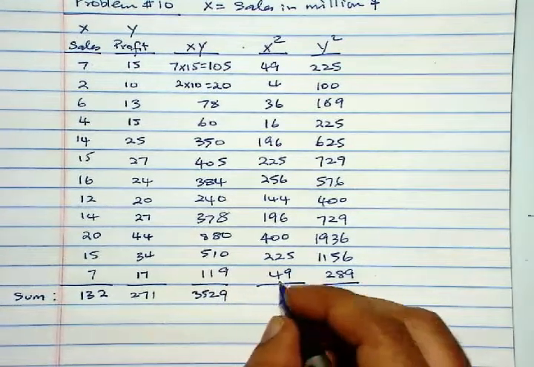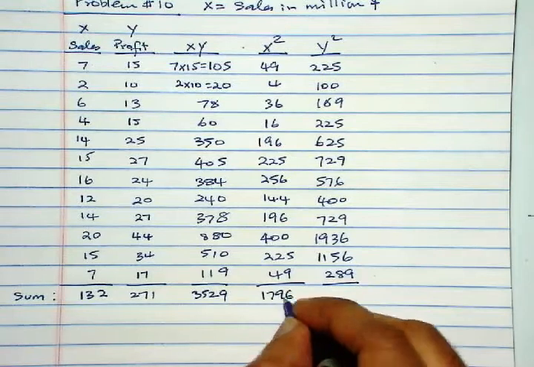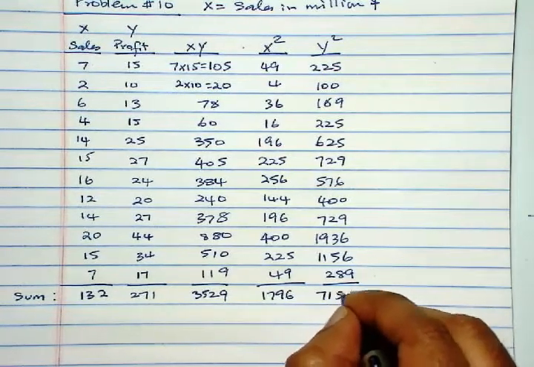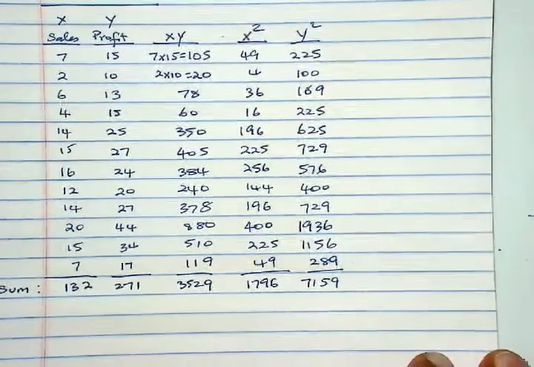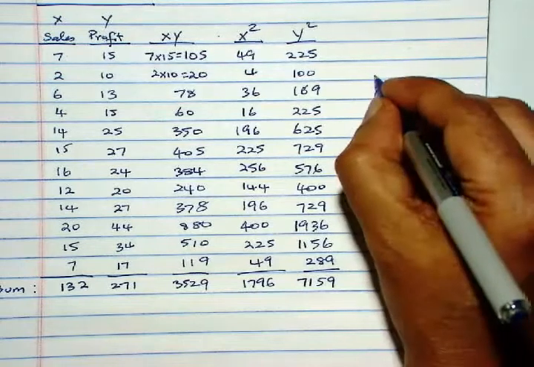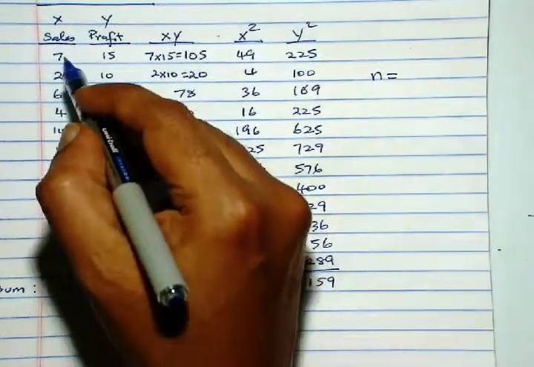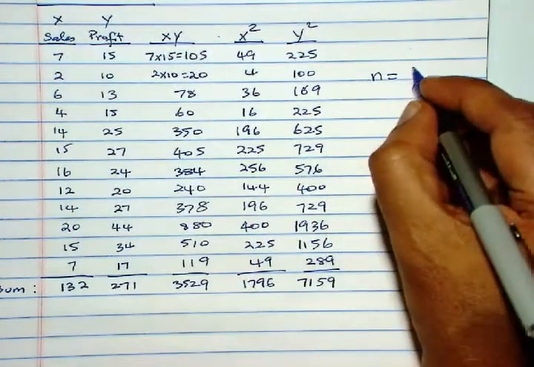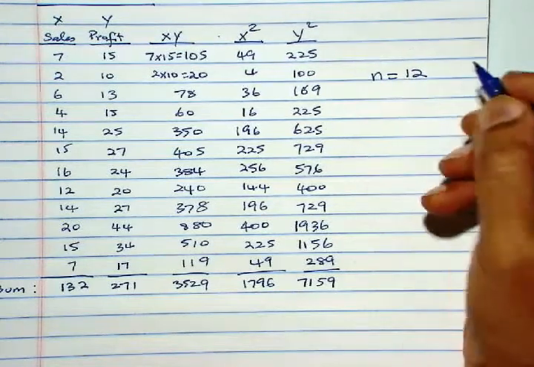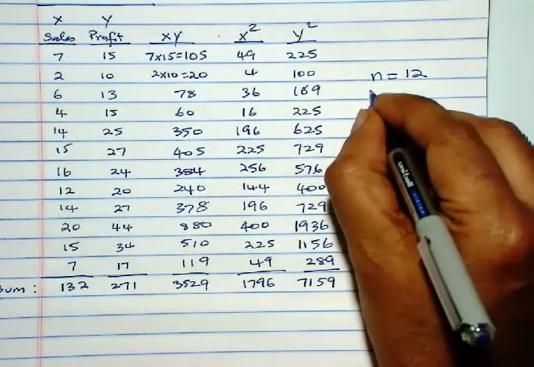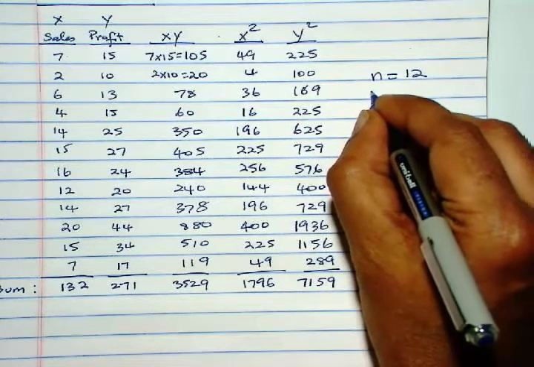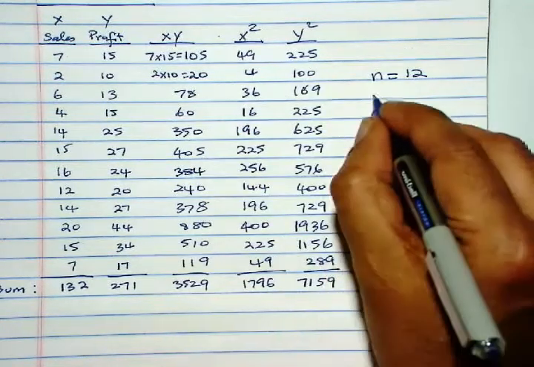3529, 1796, and 7159. So what we have here are N equal to, there are 12 stores, so N is 12. Okay, now we have, let's write these three numbers first.